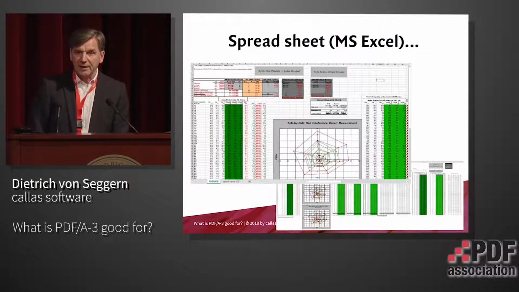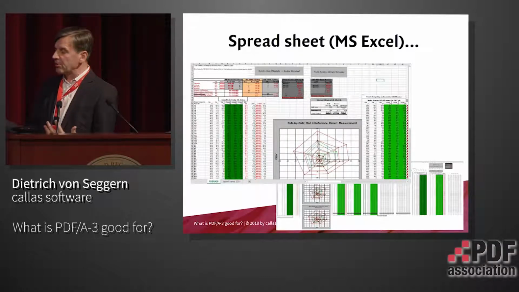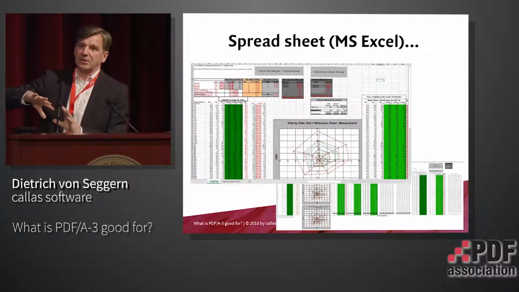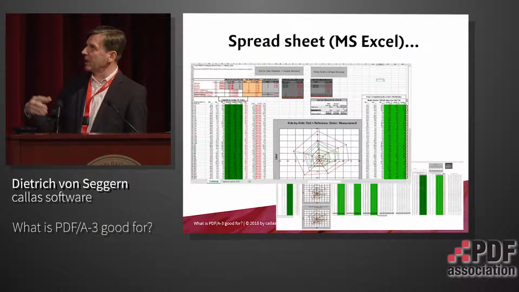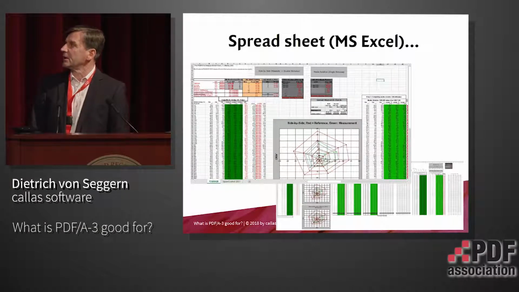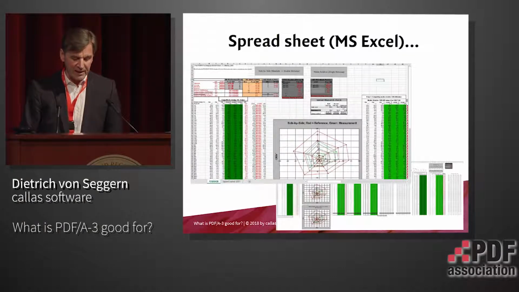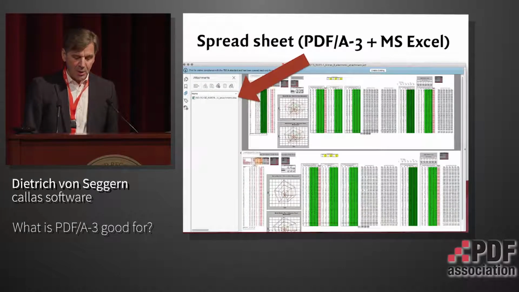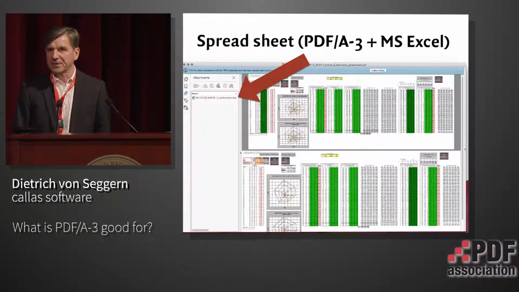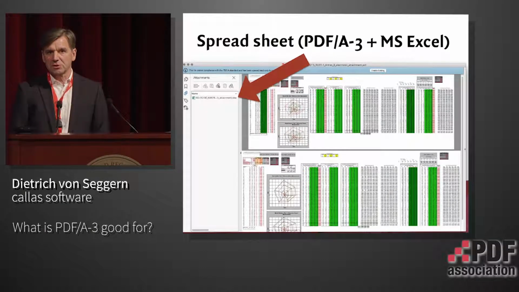But if I'm looking at an Excel spreadsheet, I know it's not just the appearance of the whole thing. There is also a deeper level here. We have the formulas in the Excel spreadsheet, and of course all this additional information and the relationships between the cells, that all goes away when I convert the whole thing into PDF A. So why not combine the advantages of the 2 formats with each other?